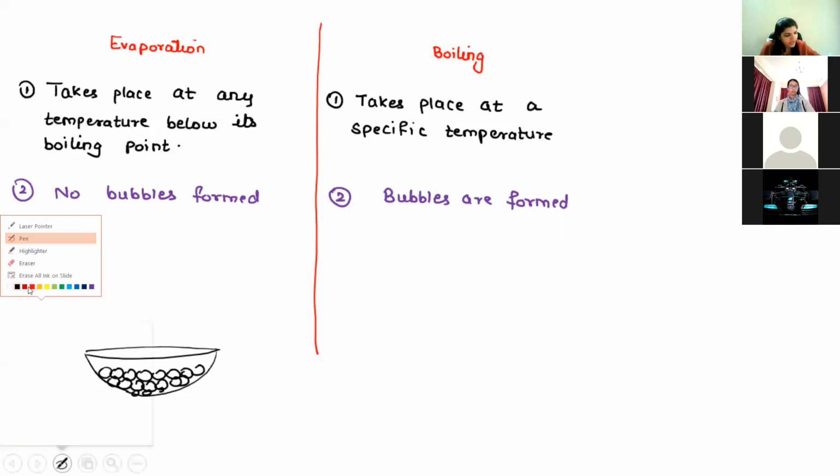In evaporation, let's say there is the sun. There will be heat energy given by the sun. The molecules will gain energy and evaporate. So it's only the first layer of the water molecules which gets evaporated.